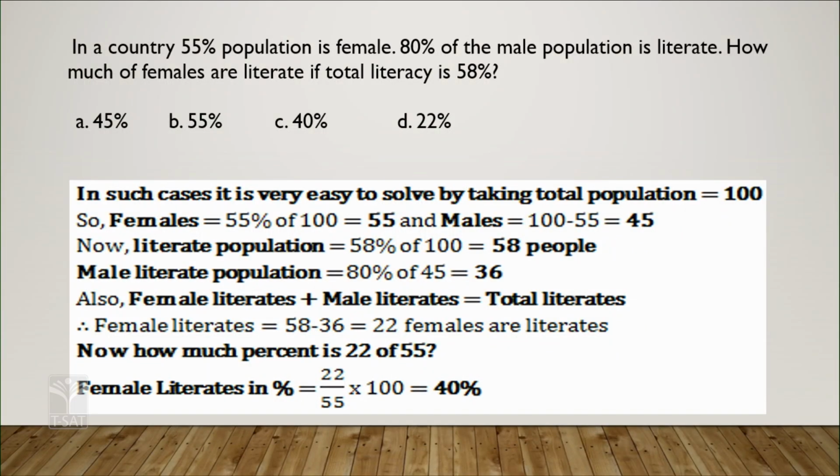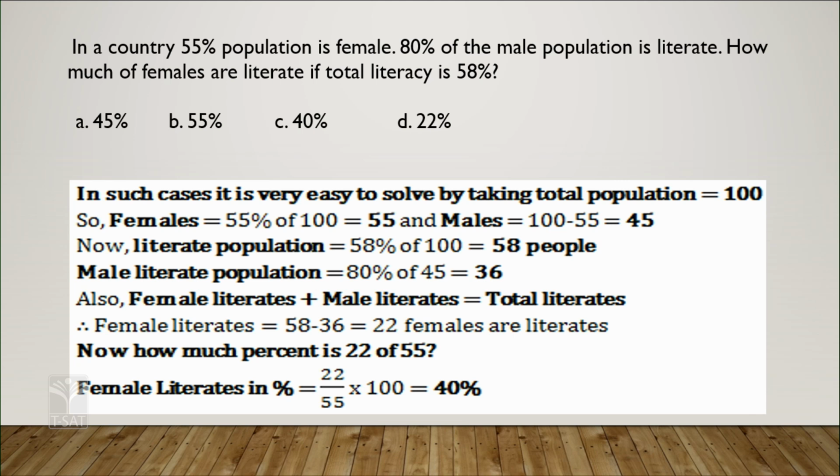Clear? In a country, 55% of the population is female, 80% of the male population is literate. Then how much of the females are literate? Totally literacy is 58%.